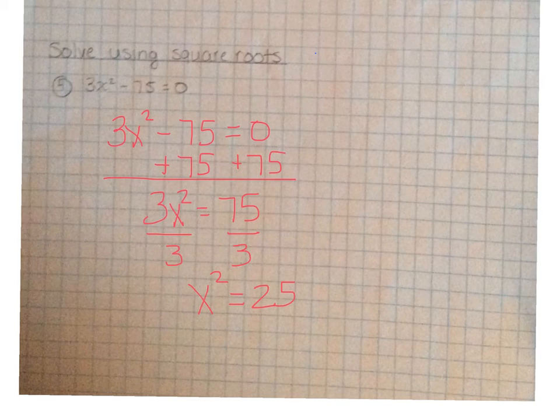Now we can find what x equals, because since it's x squared equals 25, we're going to take the square root of 25. And that leaves me with x equals plus or minus 5. Remembering that -5 squared is going to give me a positive 25, and positive 5 squared is going to give me a positive 25.